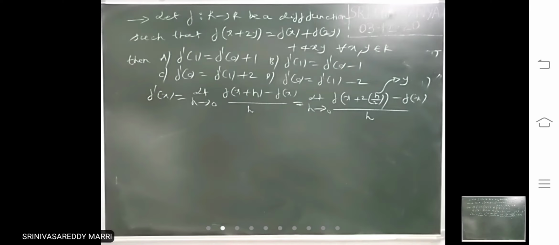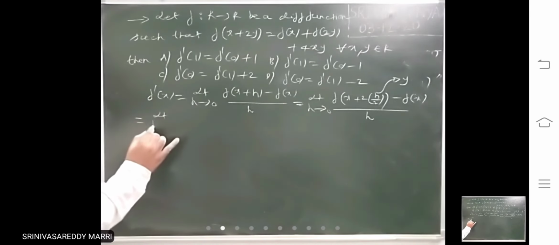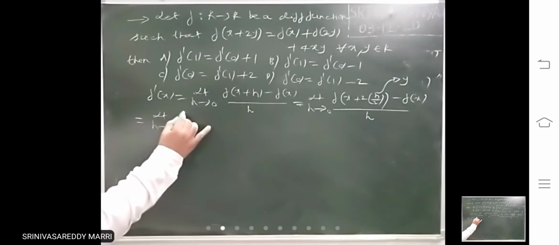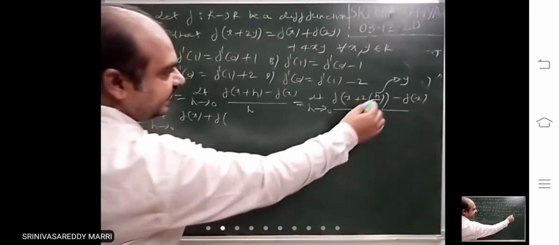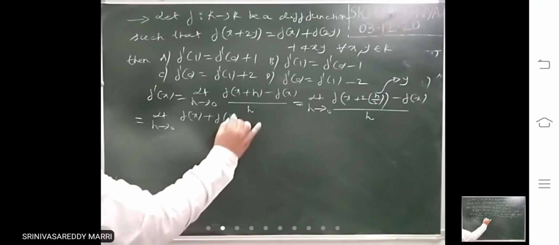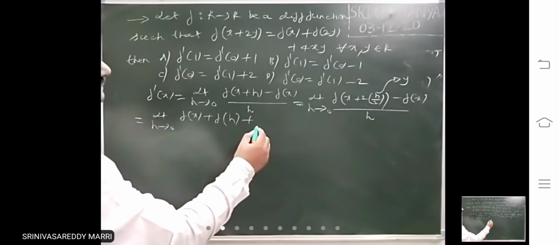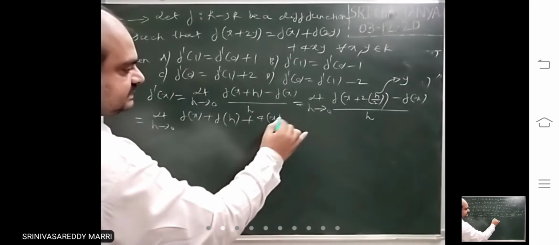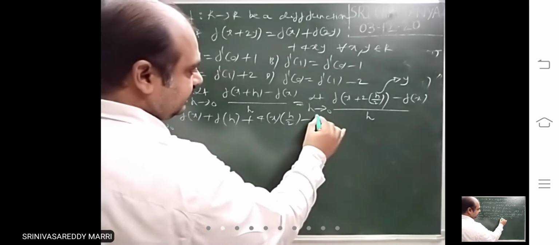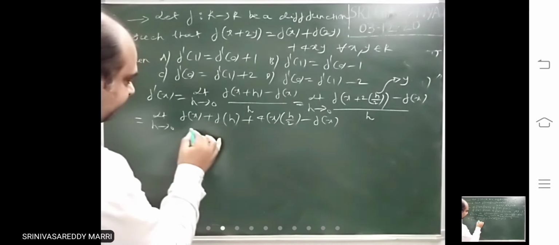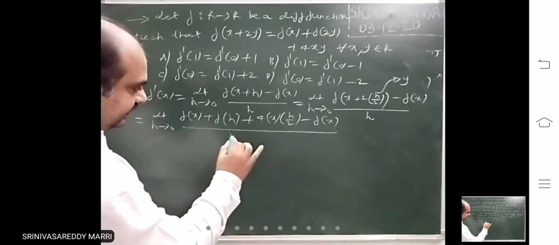That means x plus 2y gives f of x plus f of 2 into y, which is 2 into h by 2, h plus 4 into x into h by 2, minus f of x, divided by h.